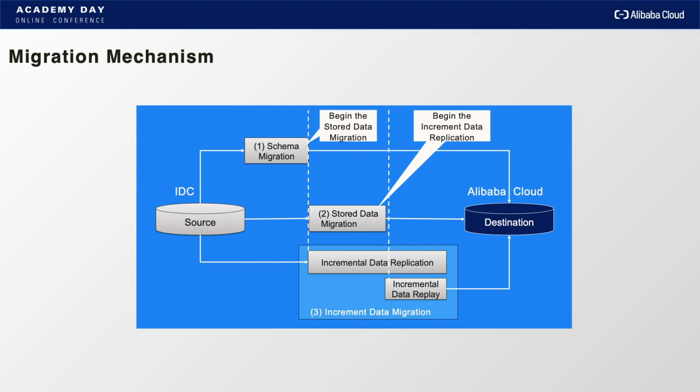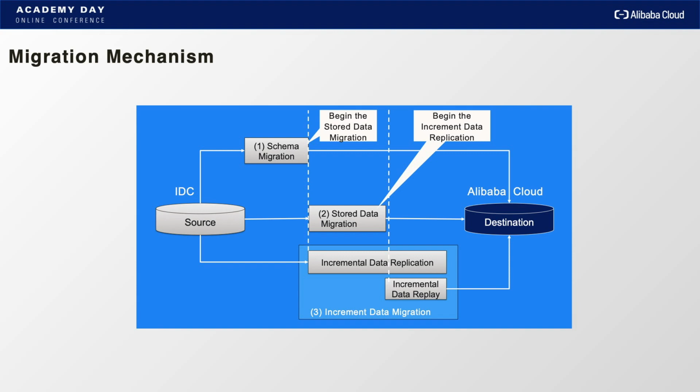So what if my applications are still running? I still generate new data points while I try to migrate my existing data. So what happens to the incremental data? That is the beauty of using DTS, right?